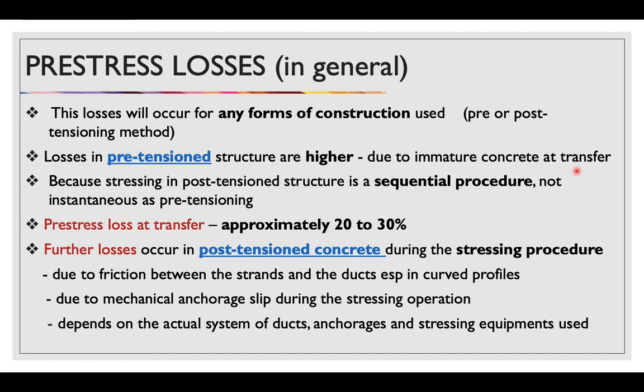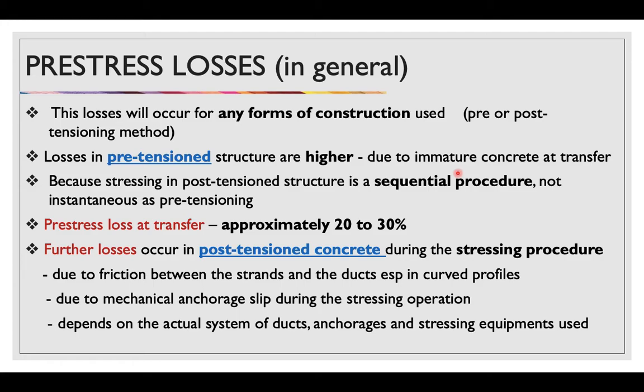Then only we will pour the concrete, right? Okay, so here, when the tendons are cut, that is where the pre-stress force is transferred to the concrete, right? So during that time, usually we are going to consider that we have the immature concrete with lower strength, right?